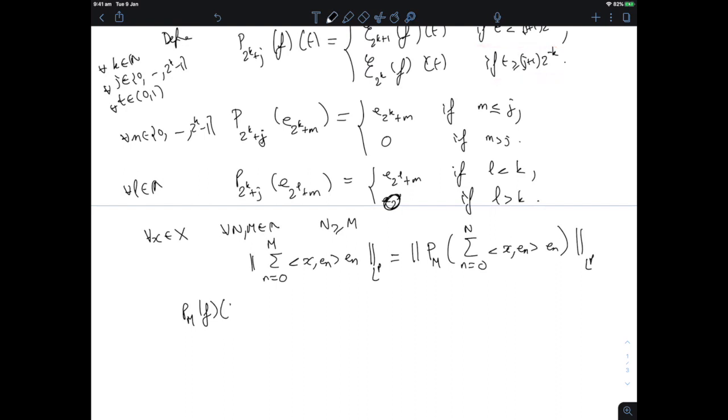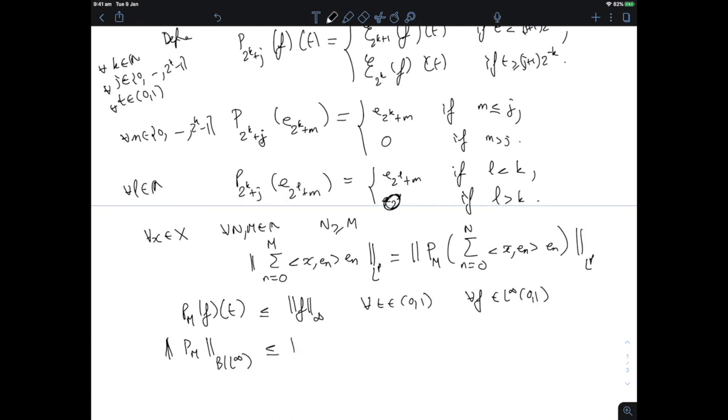So one thing for sure is that just controlling the function by its supremum, you get that P_M of f of t is smaller than the sup of f for every t in [0,1] and for every f in L infinity of [0,1]. So this tells me that P_M extends to a bounded linear operator on L infinity. And more importantly, its norm as a bounded linear operator on L infinity is smaller than 1.